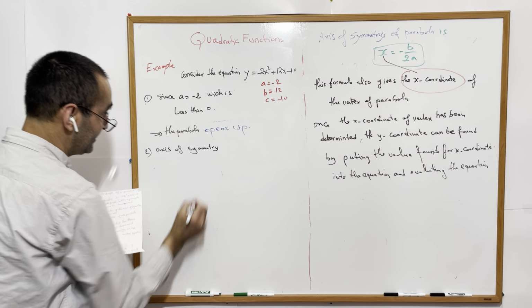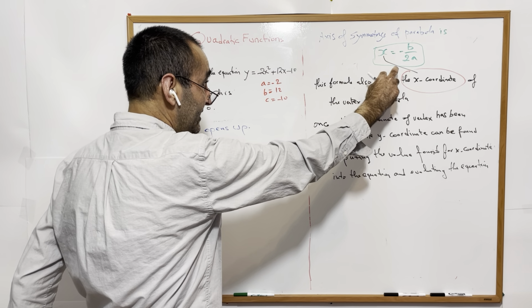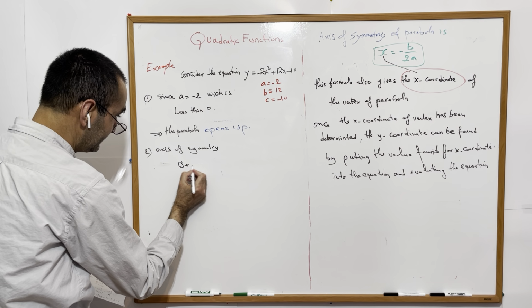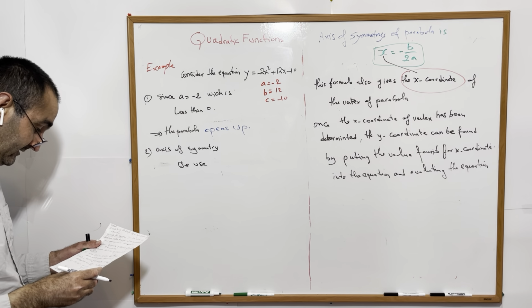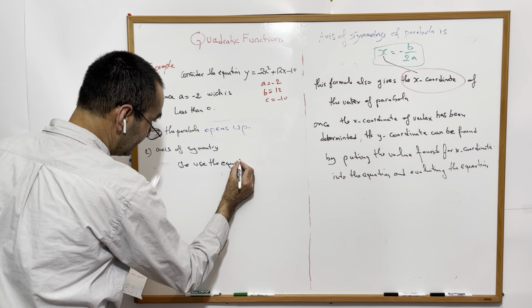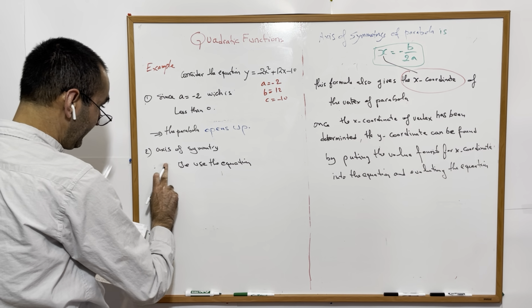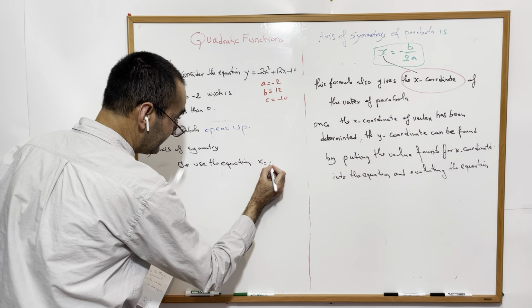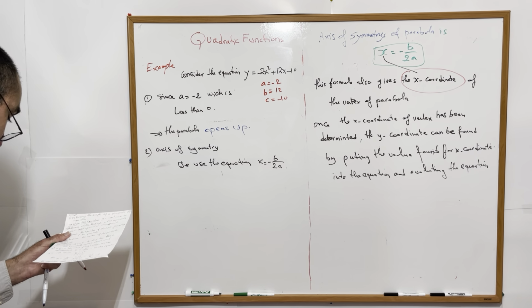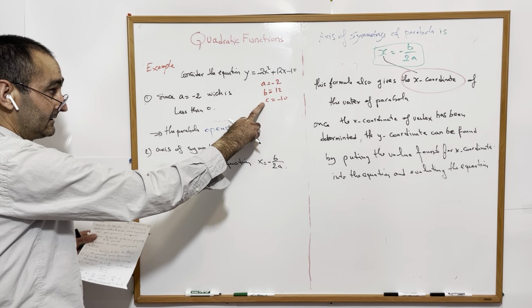We have the equation of the axis of symmetry, x equals minus b over 2a. It's easy. We have a, b, c.